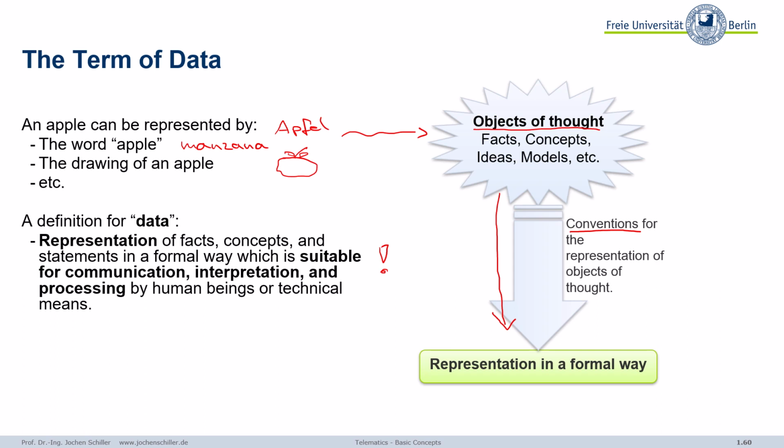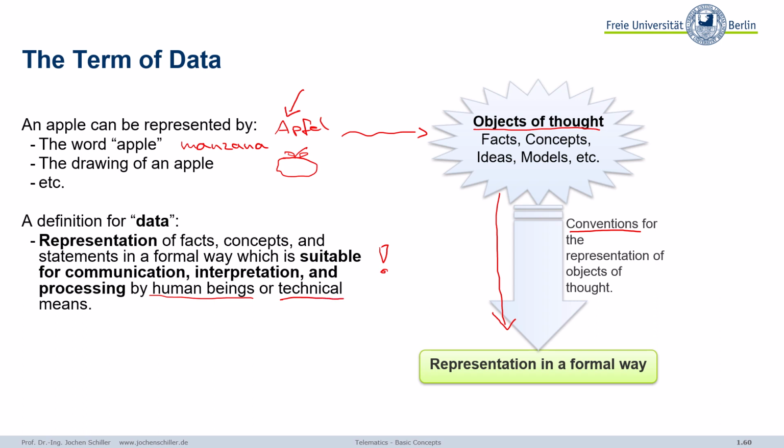What does it mean? If you read a word like Apfel, and if you're German or you know German, then, well, it's quite clear, it means an apple. So we have a representation that is suitable for communication, interpretation by human beings or by technical means.